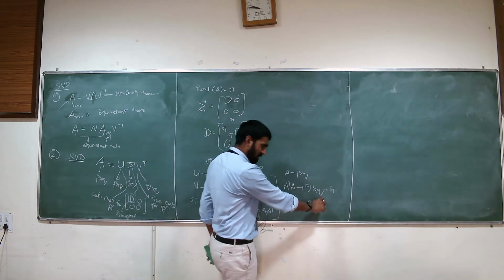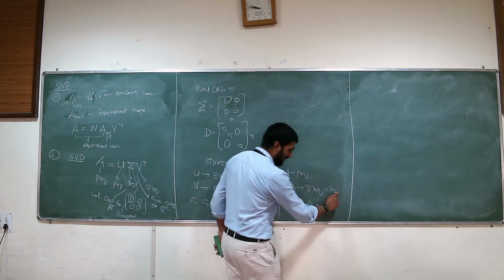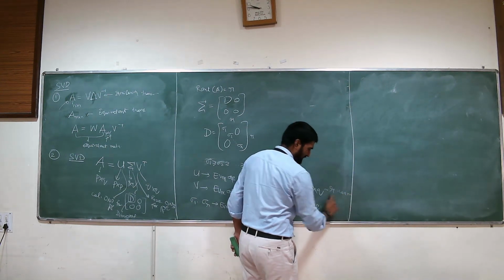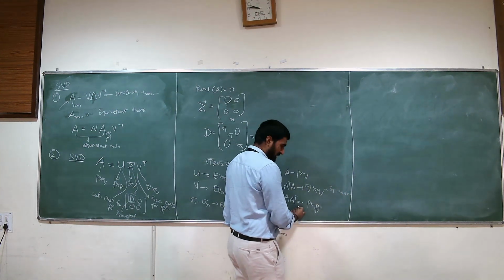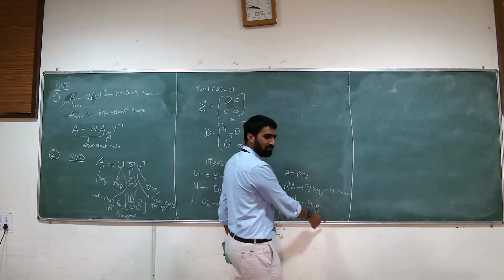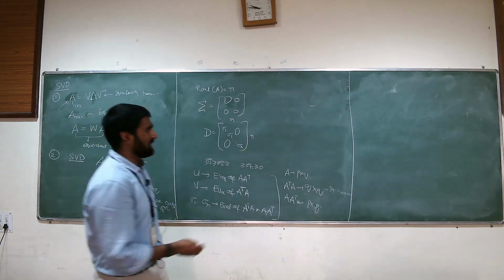R is less than P and Q. The rank is R. That means you will have R non-zero eigenvalues here, and R non-zero eigenvalues here. Everything else will be zero. The non-zero eigenvalues will be the same. I think this is where we stopped last time.